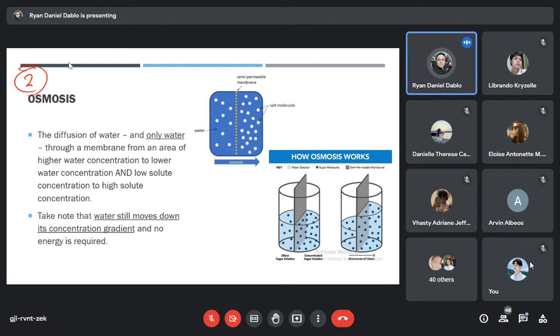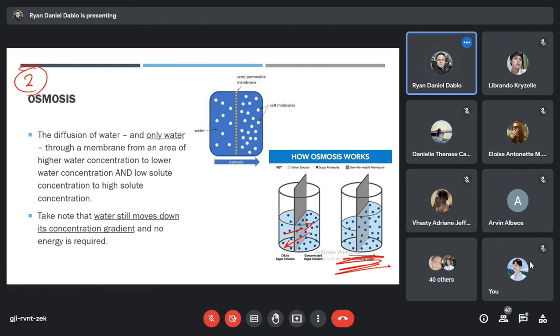That means if a substance, for any reason, cannot cross the cell membrane, water is the one that equalizes the concentration in and out of the cell, which means that it can move in or out of the cell in an attempt to balance the concentration of a substance, which is what you see over here, right?